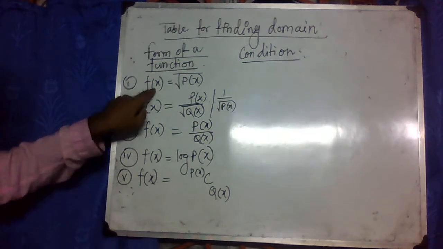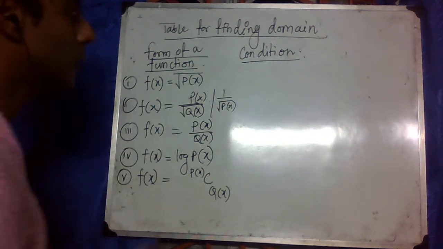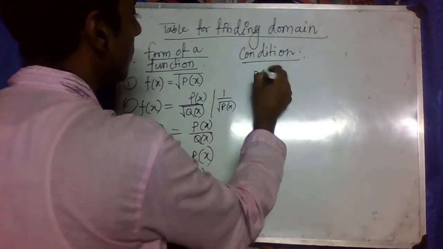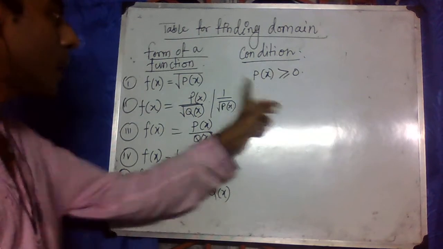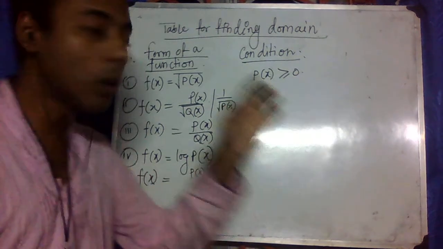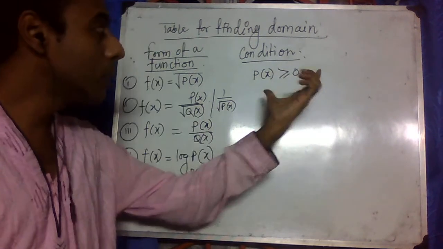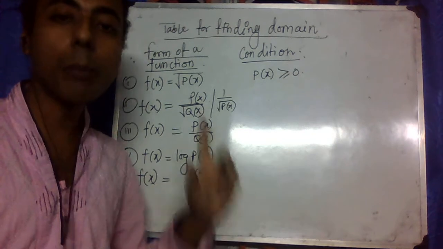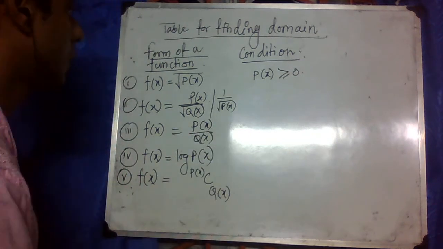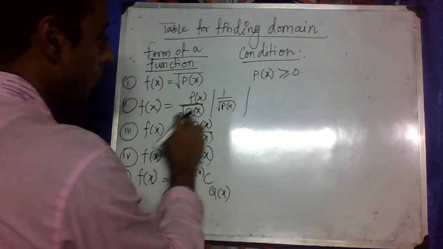Now, when the form of function f(x) is equal to root over p(x), the condition is p(x) greater than or equal to 0. That means if p(x) is greater than or equal to 0, then this function will be defined. By using this condition, we will find the domain set of that function.